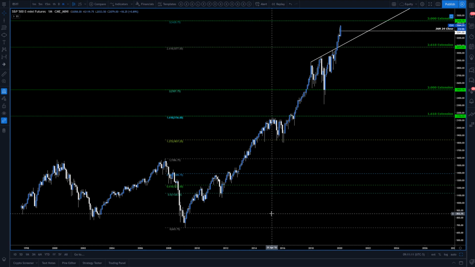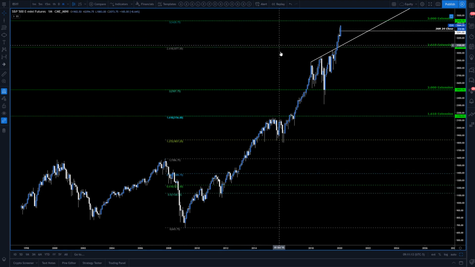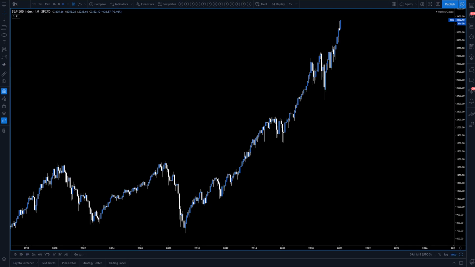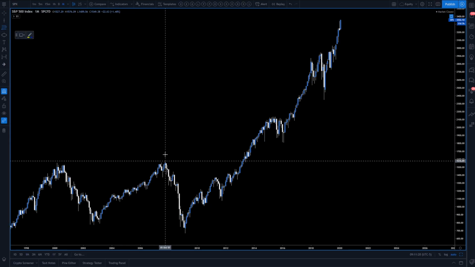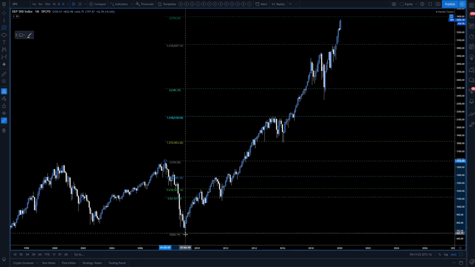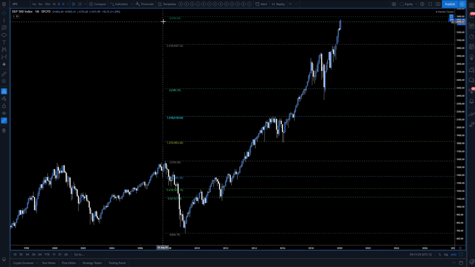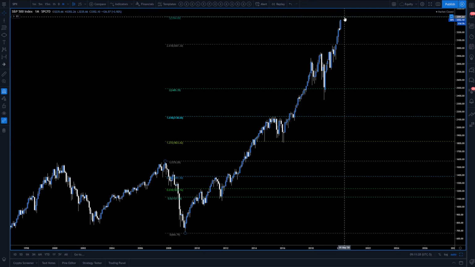I just said 3,400. So that's kind of why my target is where it is. For SPX spot, that value is a little bit under 3,400. That's why my target is where it is, and I think that we can make it there.